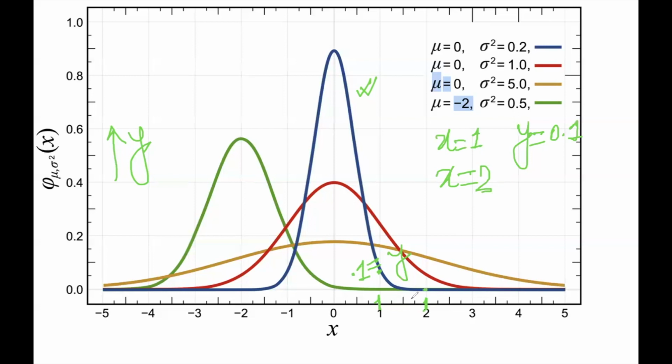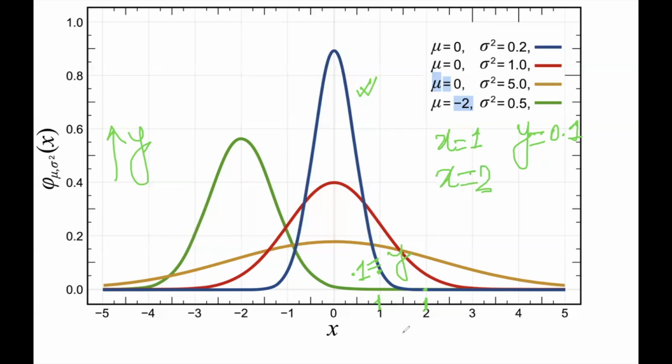It has almost reached 0, which means it's falling extremely fast. So this bell-shaped curve is reducing exponentially with a quadratic function inside it, which means it's falling really fast.